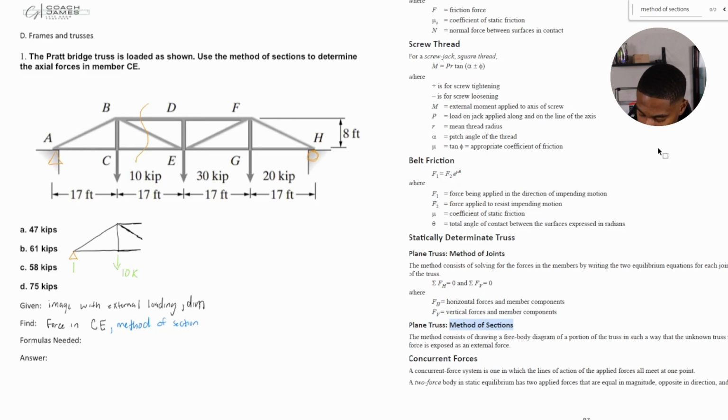So I'm just going to call that AY, AX. So that's an unknown. And we are trying to find this CE. What's the force in CE? So I'll just mimic that just to keep in mind, so you know what we're actually looking for.